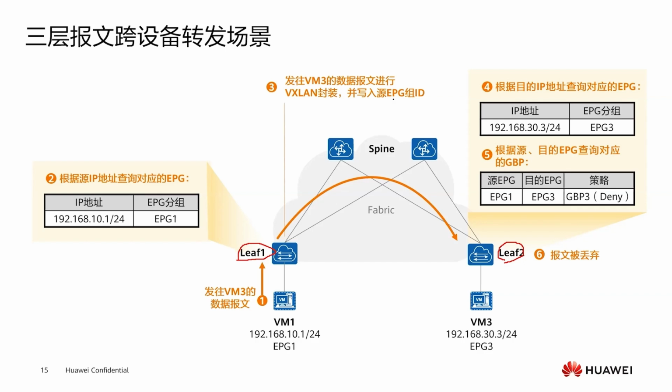After leaf 2 receives it, it will then, based on the destination IP, check the corresponding EPG group. Once identified, now the source, carried in the VXLAN packet, and the destination I've checked locally, then check my policy to decide how to proceed.